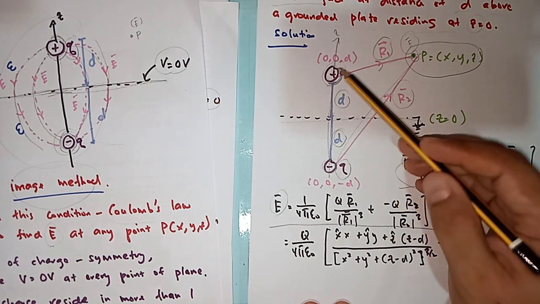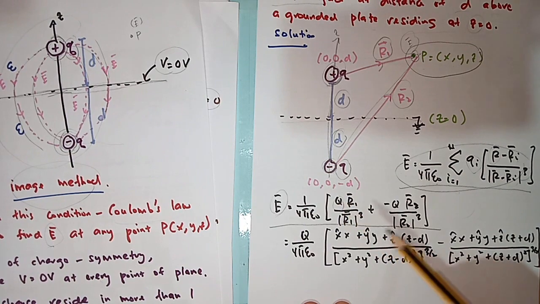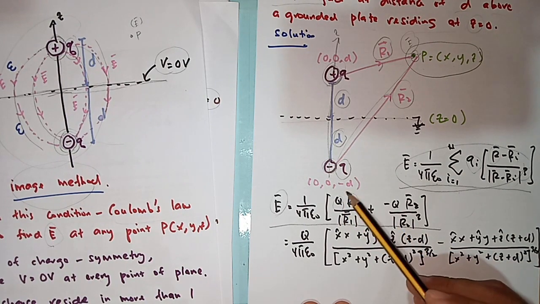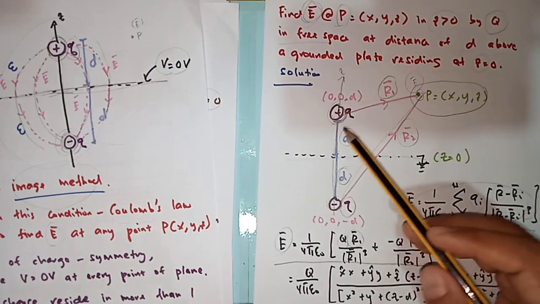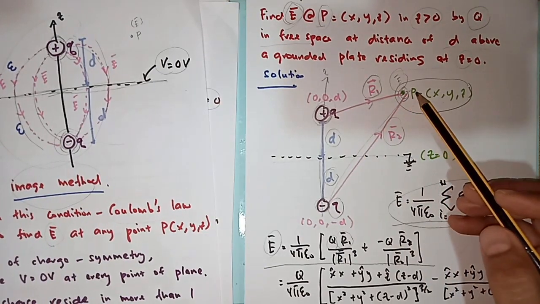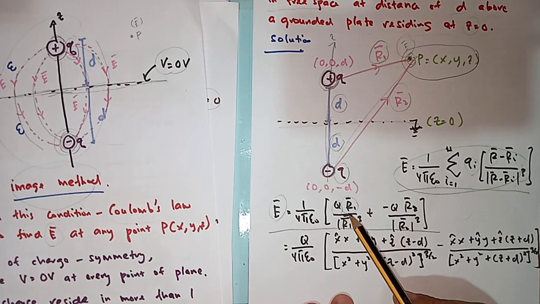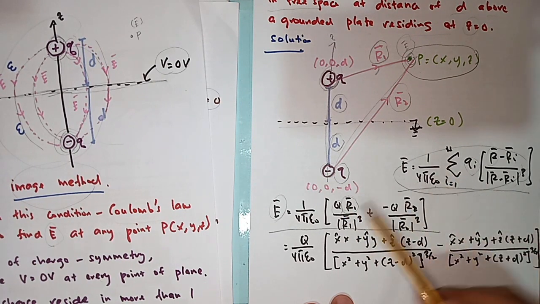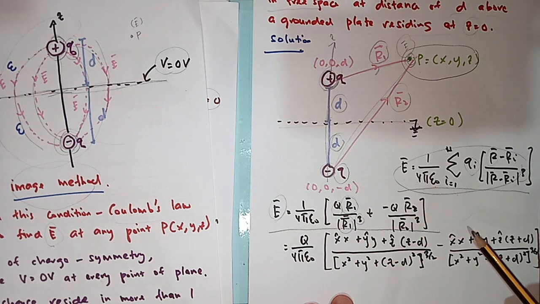For the positive charge, we have a positive Q here, and this is the vector that represents the distance and direction between our positive charge and the test point, R1 vector, divided by its amplitude to the power of 3.